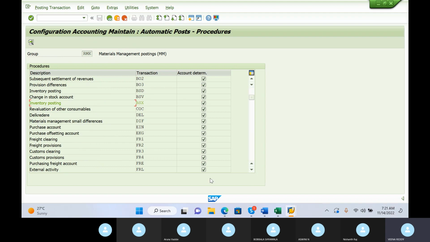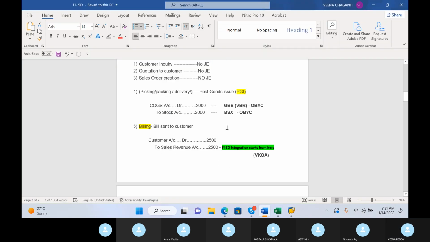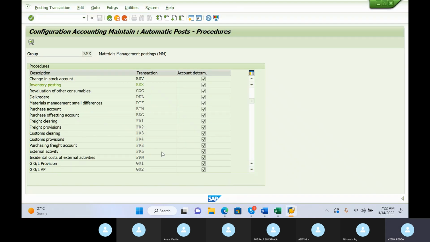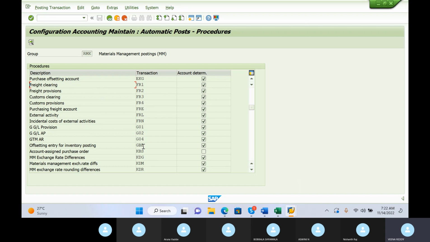Coming to GBB. What is BSX? As I said, it is stock related, right? So next coming to GBB. GBB is the accounting key, the transaction key. Here it is, GBB: the offsetting entry for inventory posting. Offsetting entry means, for example, if you are buying some products, that is related to the BSX transaction, all inventory related.